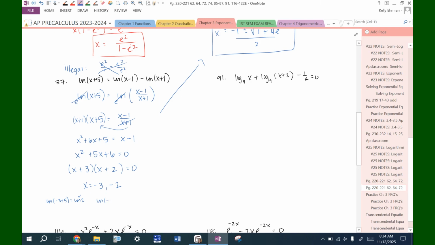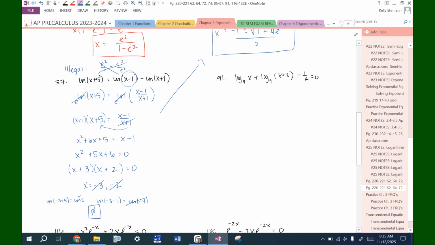Ln of negative 3 minus 1, that's no good. That's ln of negative 4. So I can't use negative 3. And actually, similarly, I can't use negative 2 because of this x minus 1. So both of the solutions I got are actually extraneous solutions. And so this is no solution.